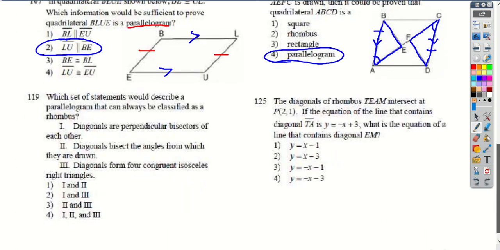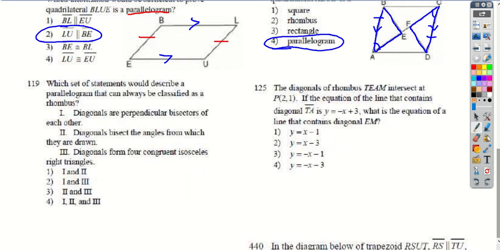Okay. Number 19, which set of statements would describe a parallelogram that can always be classified as a rhombus, where the diagonals are indeed perpendicular and they do bisect each other? So this is true. They bisect the angles is true, and they form 4 congruent isosceles right triangles. So let's take a look at this.